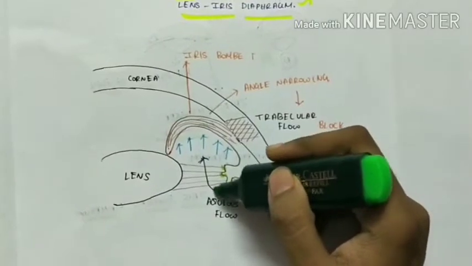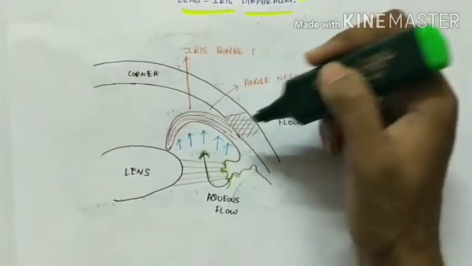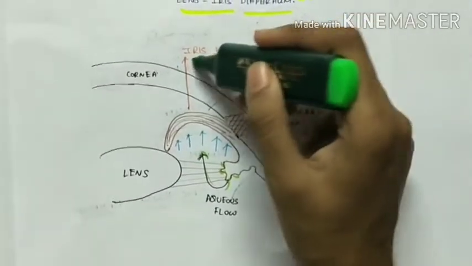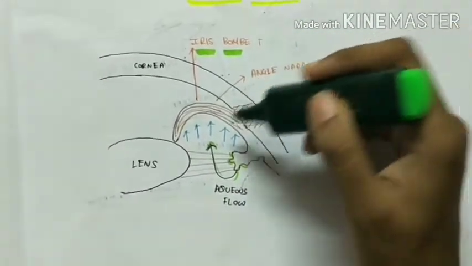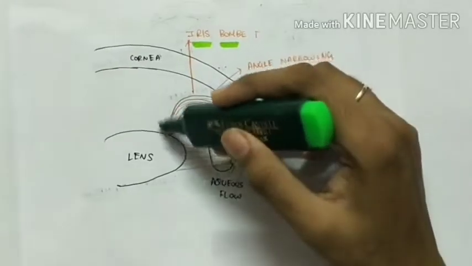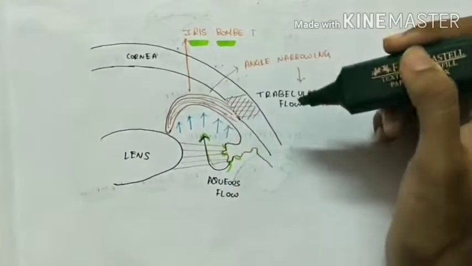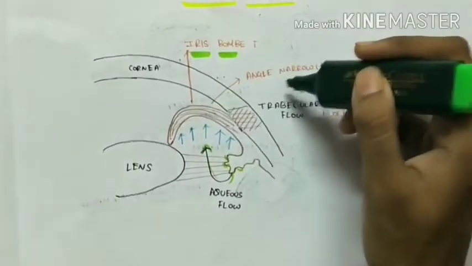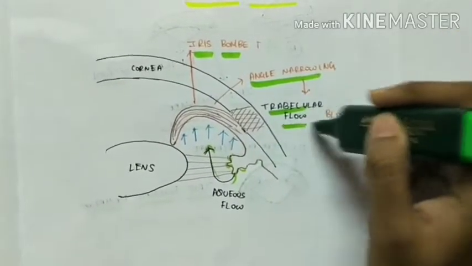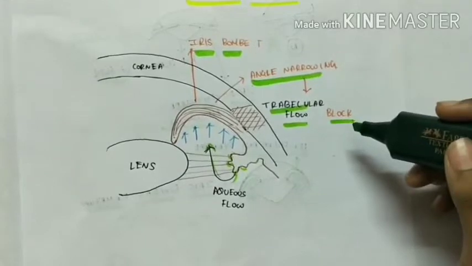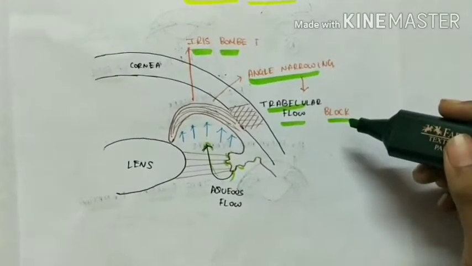There is aqueous flow because of the formation of iris bombe. This is the iris bombe formation. The aqueous humor cannot enter into the anterior chamber, and also the angle is narrowed. Therefore, the trabecular flow is blocked, leading to primary angle closure glaucoma.